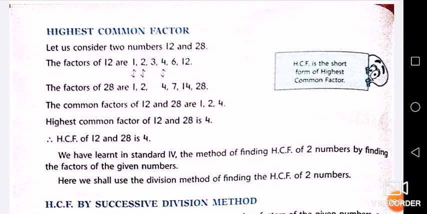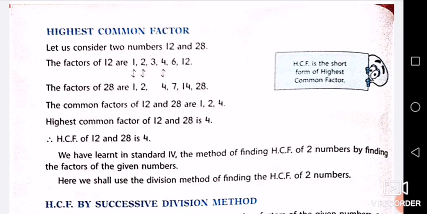Now this example which is given in your book, that we have done, that is highest common factor. Let us consider two numbers, 12 and 28. We will see it quickly. Factors of 12 have been written and then factors of 28. After that you have to find the common factors of the given two numbers, and then you will find the highest common factor of the given two numbers.